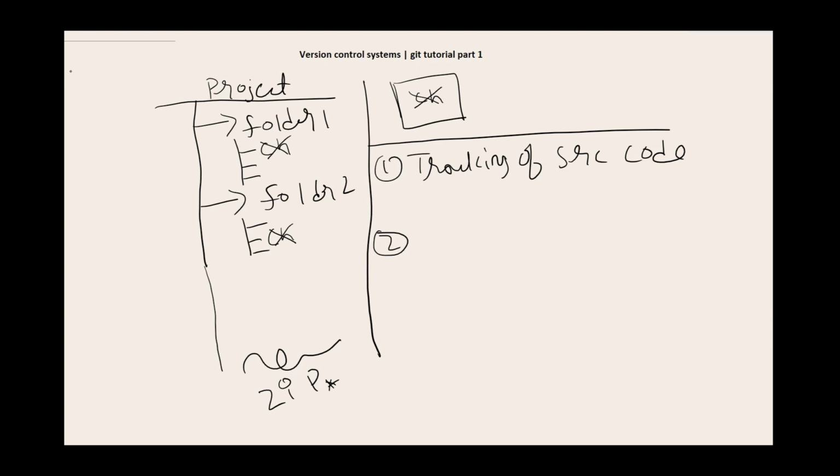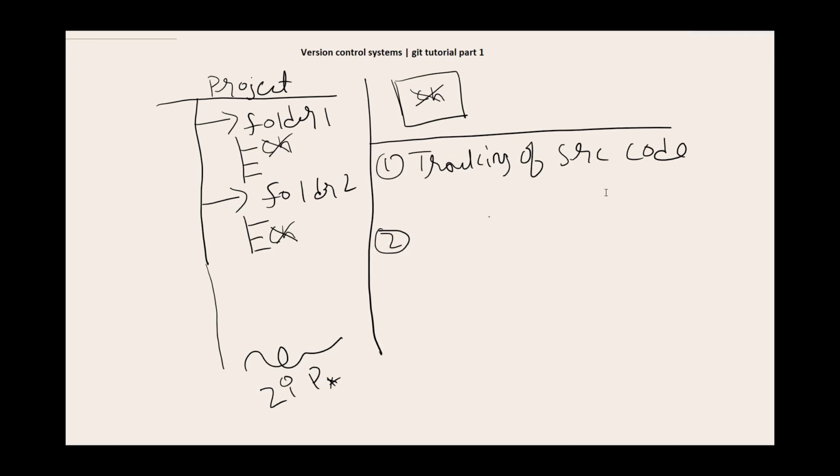So Git solves this problem as well, by merging the source code and keeping track of it. So the second problem is the merging of code when you are working in a group.